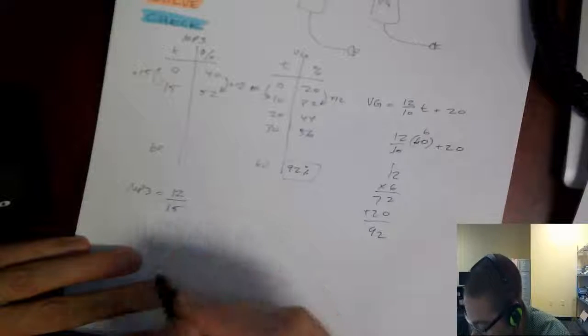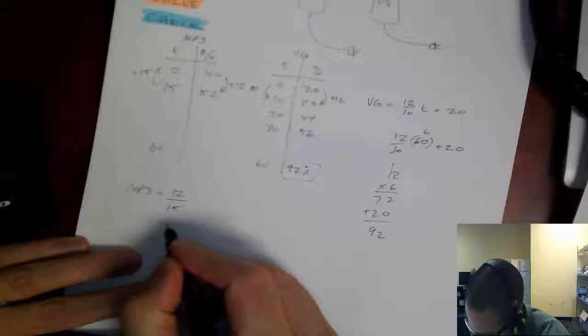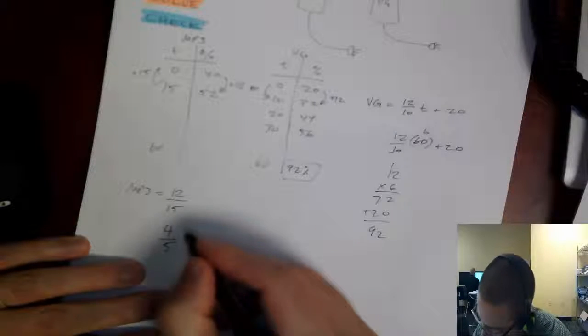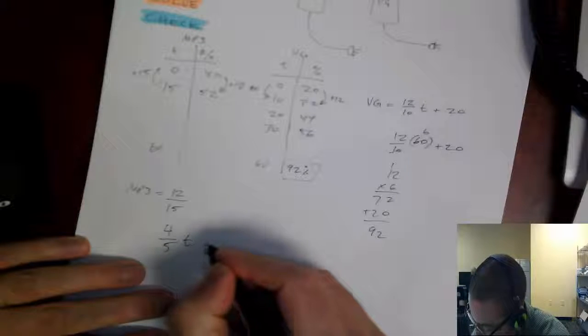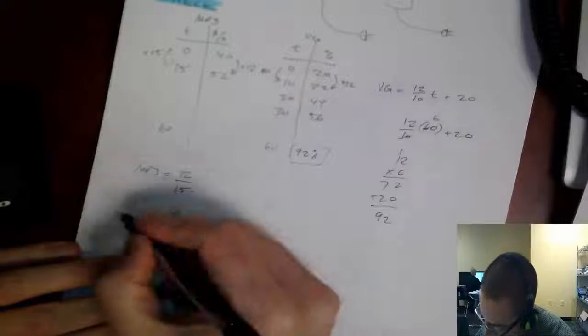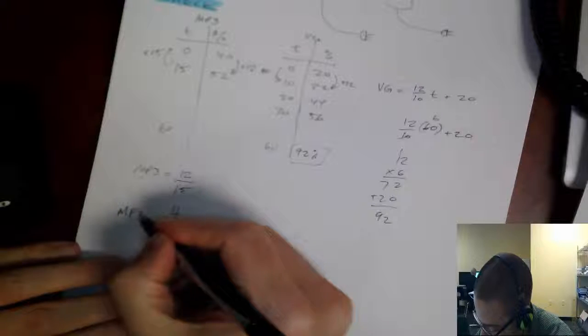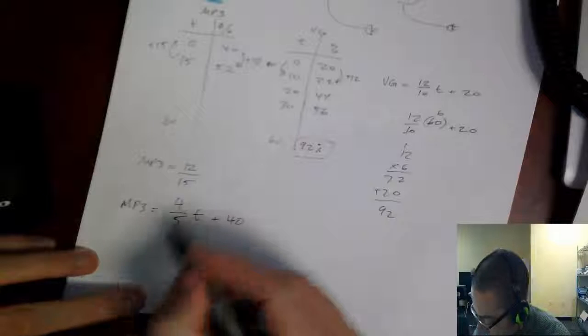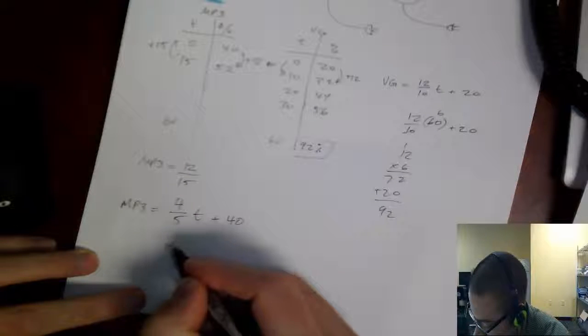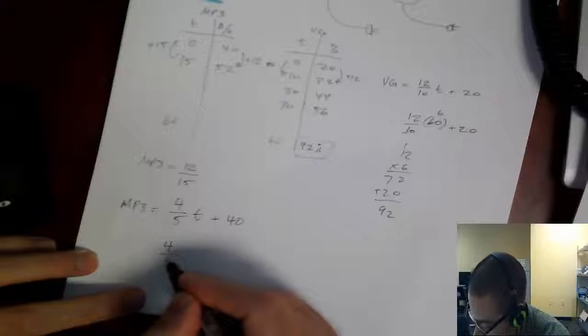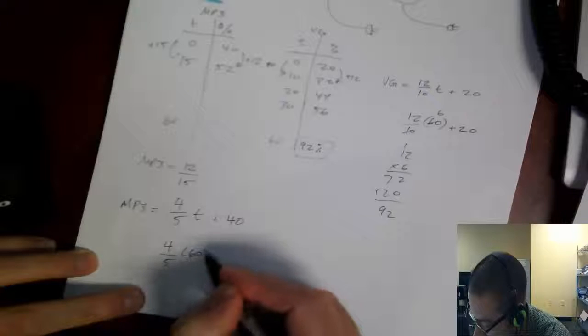I can divide both by 3. Right? So it would be 4/5 t plus, it starts out at 40. Okay? So I want to find out what is the charge at t equals 60, right? Time of 60 minutes. So 4/5 times 60 plus 40.